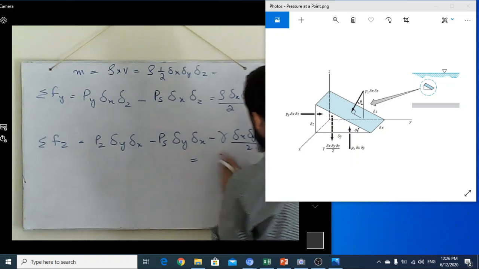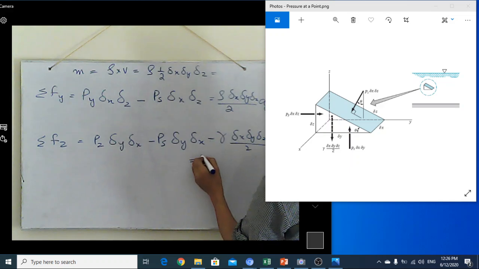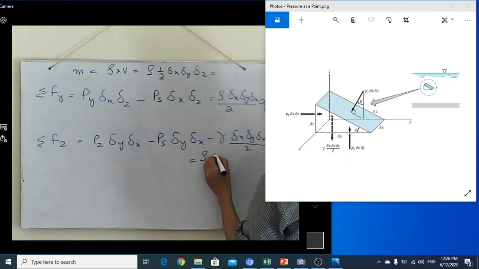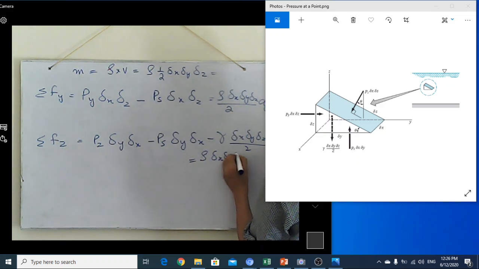Similarly, in place of mass, we can write density multiplied by X, Y, Z over 2 with the Z component.